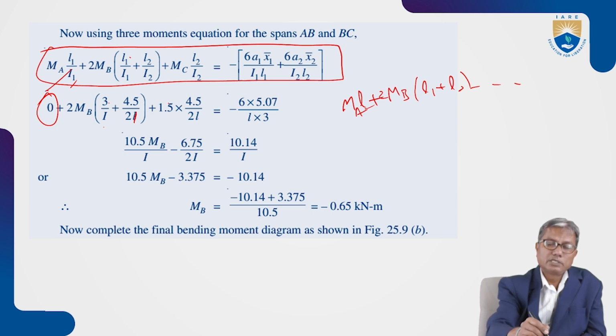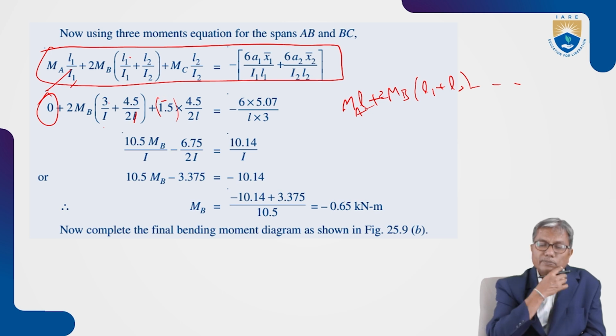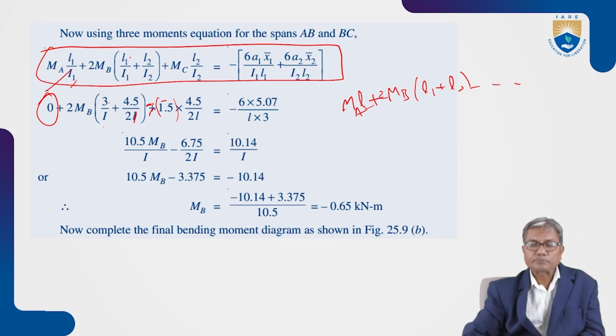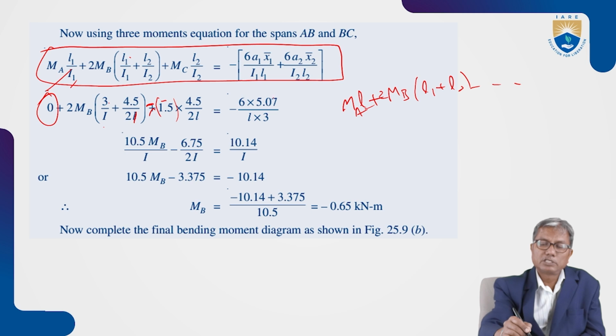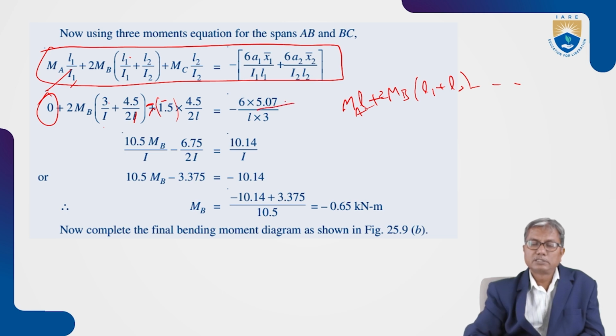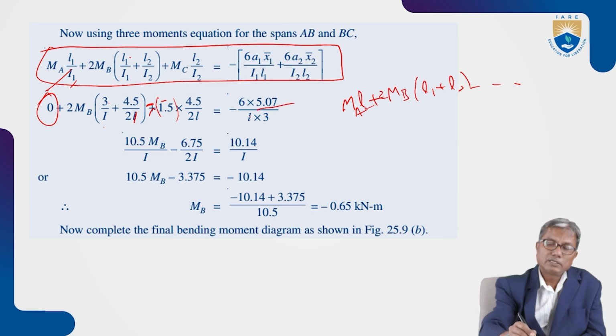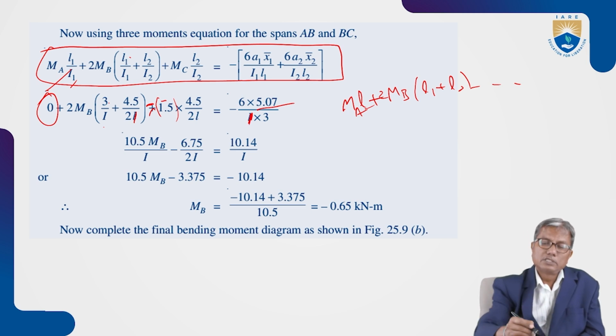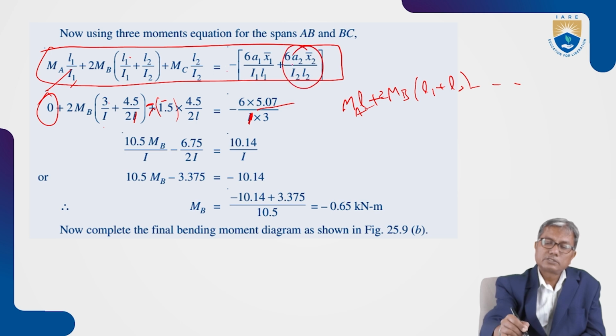MC actually is negative, minus, not plus. That is equal to minus 6 A1 x1 bar, which we have calculated, by I1 L1, that is I into 3. This is negative, and the second term is 0 because A2 x2 bar is 0.